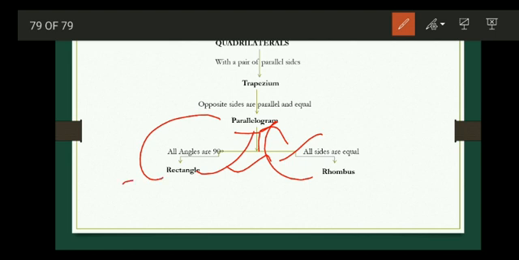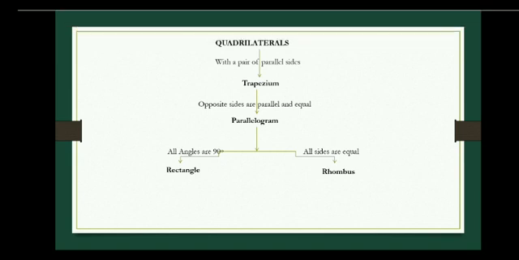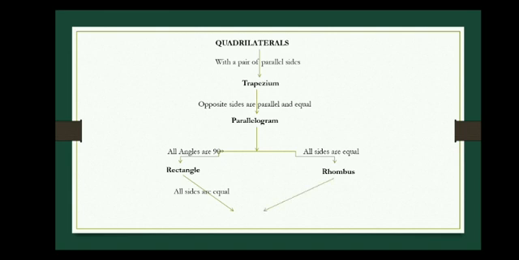But all parallelograms are not rectangles, and all parallelograms are not rhombuses. Next, in a rectangle, if all sides are equal, or in a rhombus, if all angles are 90 degrees, then we'll get a square.